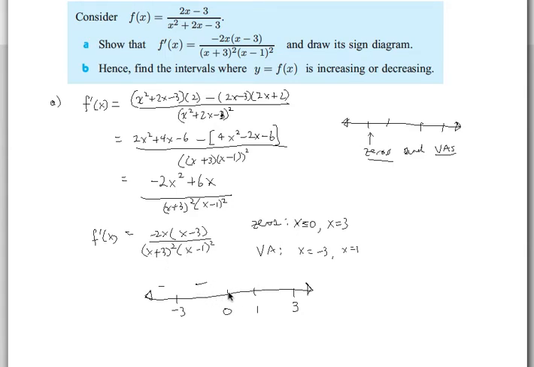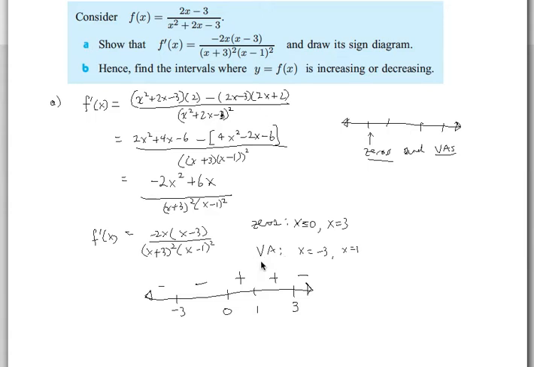If I put a number between 0 and 1, for instance 1/2, the sign of that would be a positive. And from 1 to 3, I would get positive, and from 3 to infinity, I would get a negative, okay? And this is what the sign diagram would look like, okay?